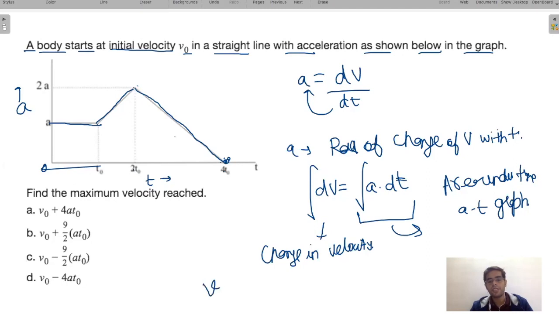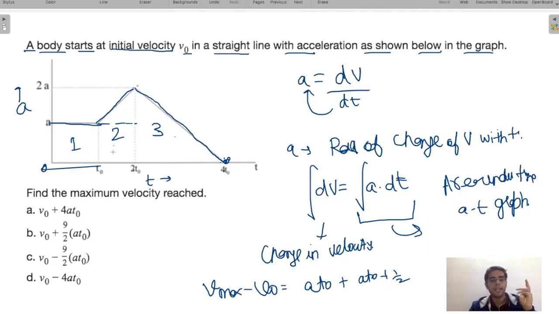So change in velocity is v max minus v naught, and the area under the acceleration time graph is made up of 3 areas here. So area 1 is a t naught. Then area 2 is made up of 2 geometries, rectangle and triangle.